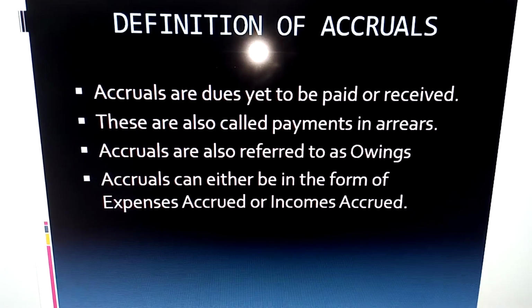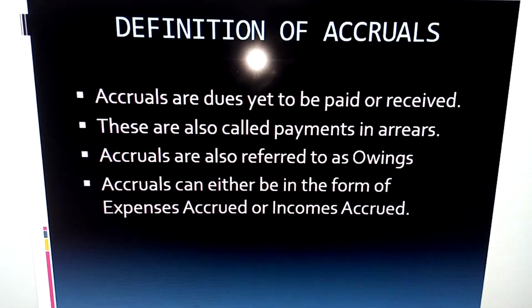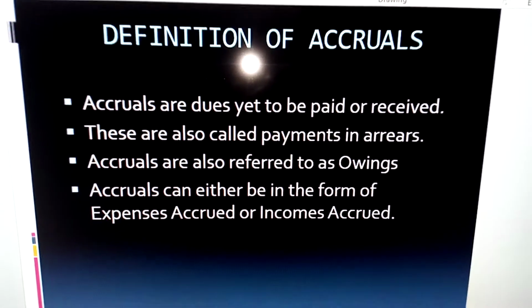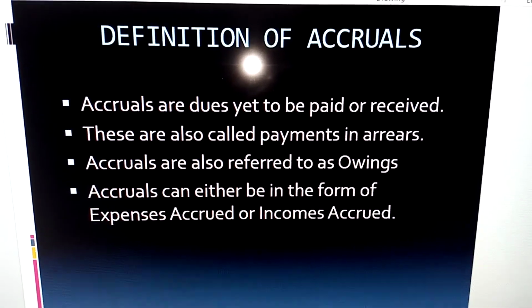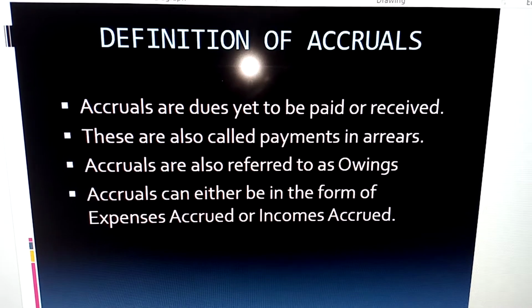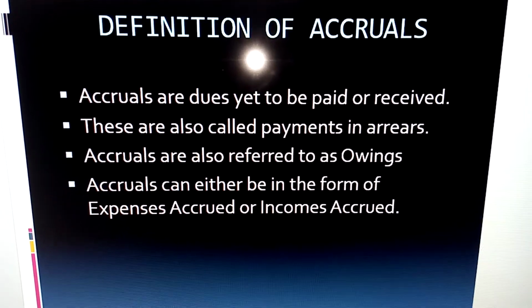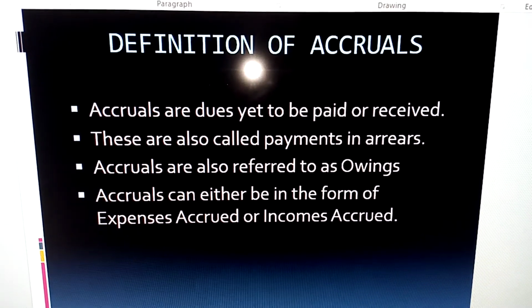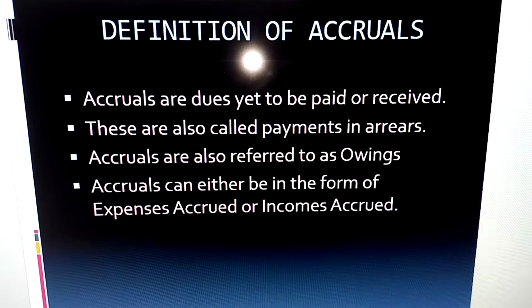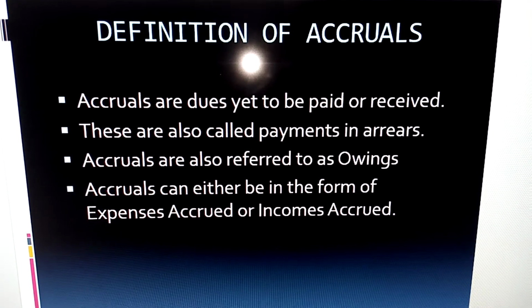Now, what I am saying here is that in a business organization, it is possible to have enjoyed a particular service, but the payment not made as at when due. It is also possible to have earned a particular income, but the cash not received as at when due.